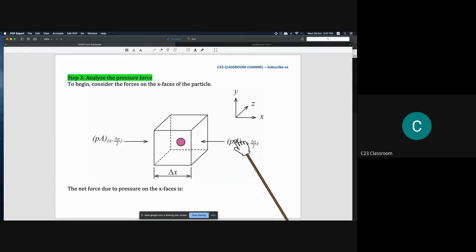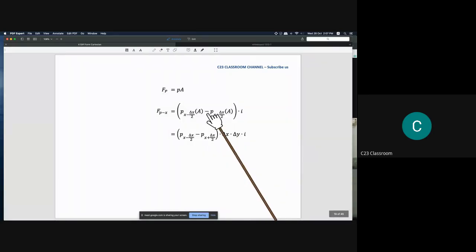The movement from the right to the left is the negative sign, so we have a negative sign here, and then we could take the value of A, the surface, outside the bracket because it is a constant, so we give it as delta x times delta y.